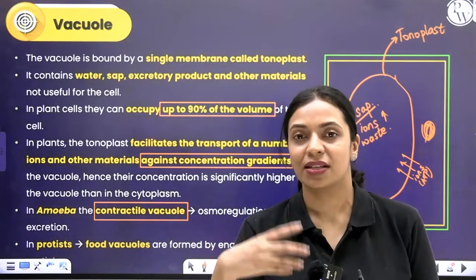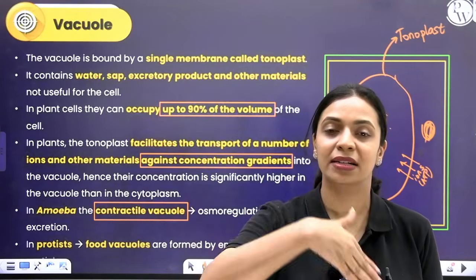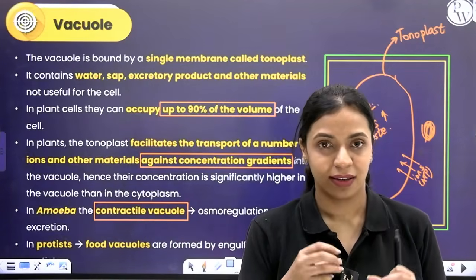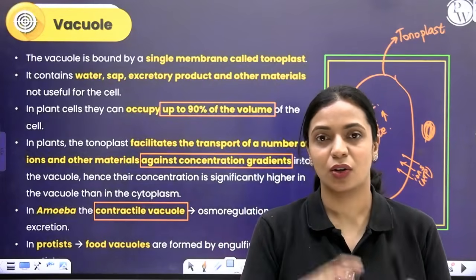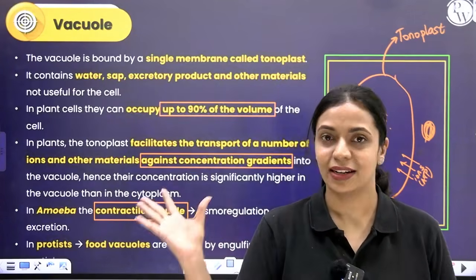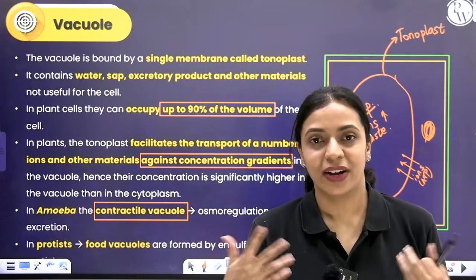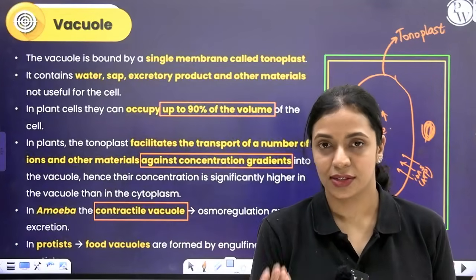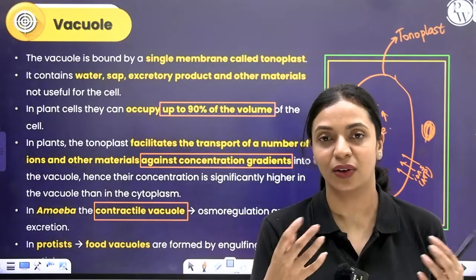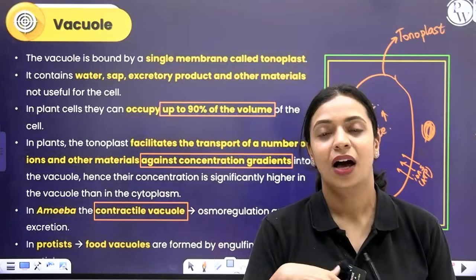By osmosis, by endosmosis, water can enter the amoeba. There is no protective rigid cell wall. So this amoeba, if there's a lot of water entering it, it can rupture and break. To prevent that, what happens? Excess water is stored in a contractile vacuole and it is expelled out of the amoeba all the time.